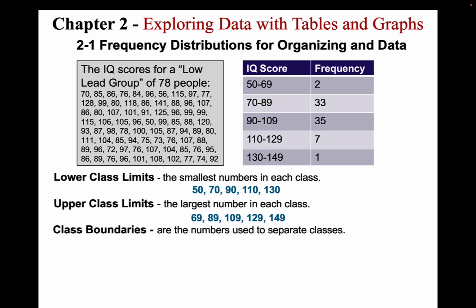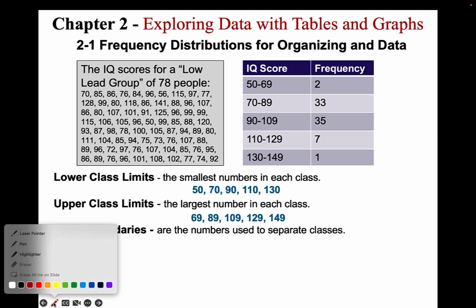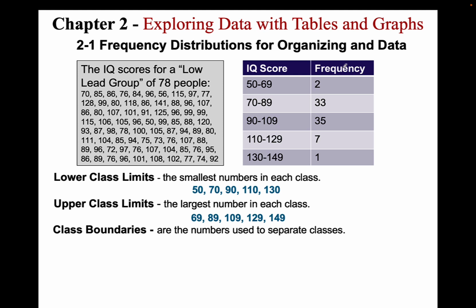Class boundaries are the numbers used to separate classes. Okay, pay attention. So far we had 5 lower class limits, 5 upper class limits, but for class boundaries, we're actually going to have 6 of them. Let me show you how to find them. 4 of them are pretty straightforward.